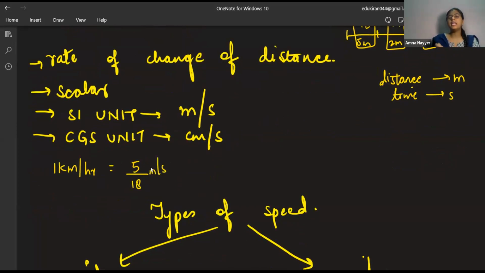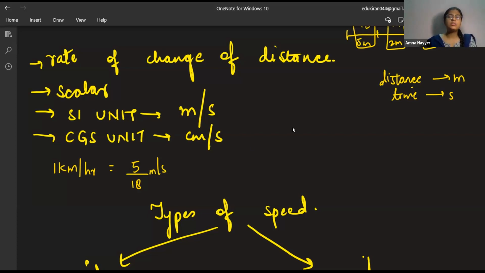So if anywhere your velocity or speed is given in kilometers per hour, directly multiply it by 5 by 18 and get your answer in meter per second, because the SI unit is the standard unit. Everything has to be converted into this form and then the final answer has to be obtained.